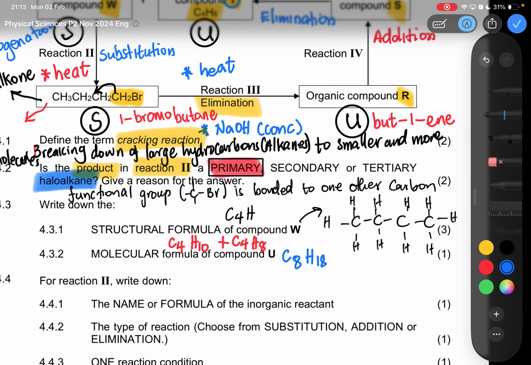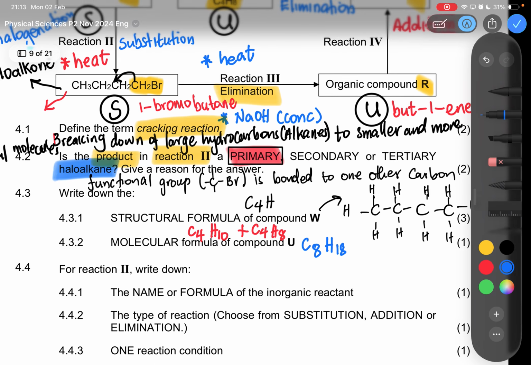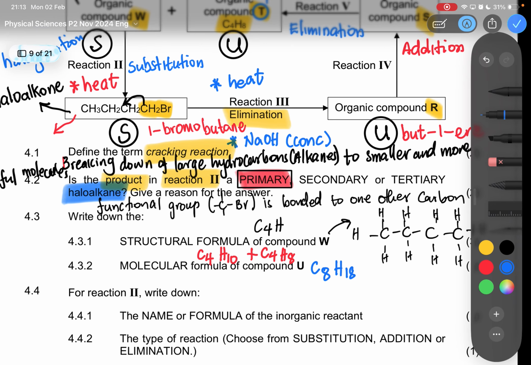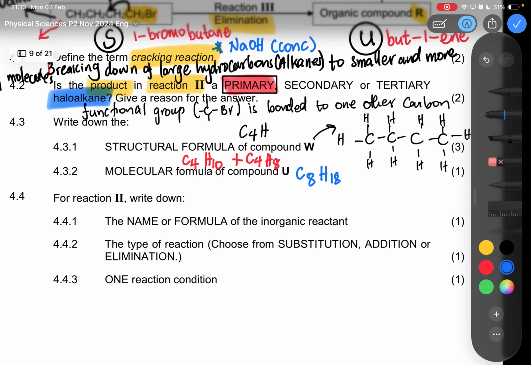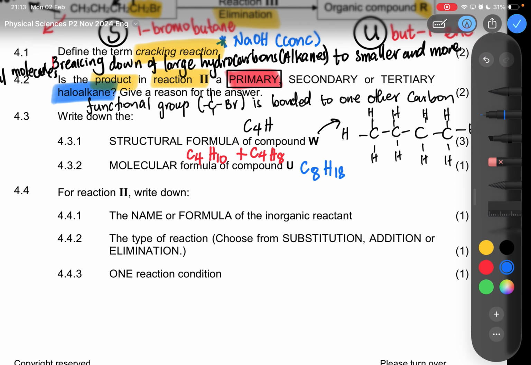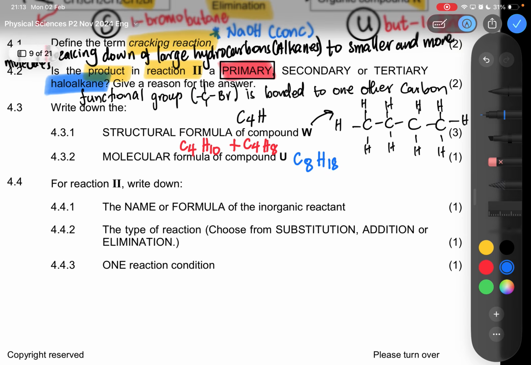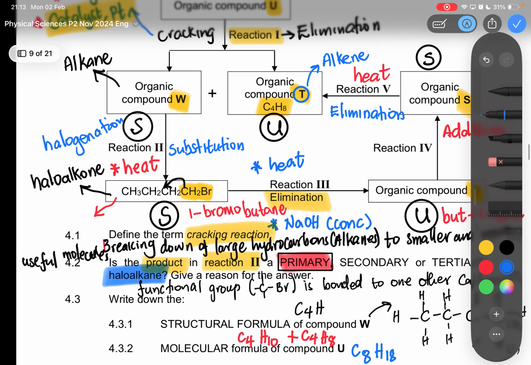All right. So that is the molecular formula, just for 1 mark. All right. For reaction 2, they're asking, write down the name or formula of the inorganic reactant. What do we need for this substitution?